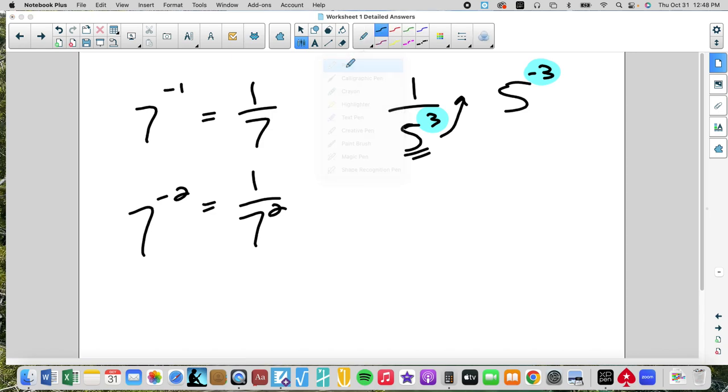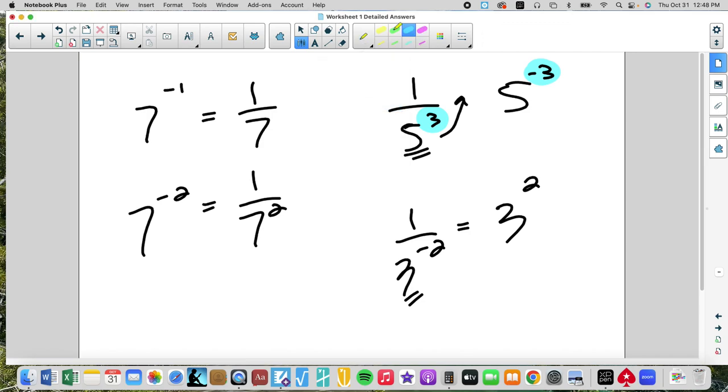Not a lot of students know about that. If I have 1 over 3 to the -2, it's currently in the denominator. If I move it to the numerator, I change the sign, so it goes from negative to positive. That's the little trick of that.